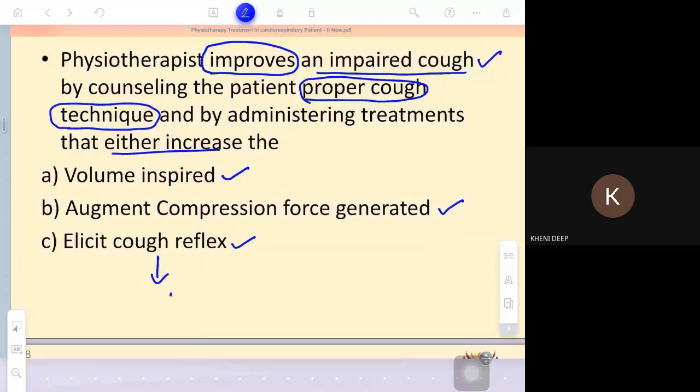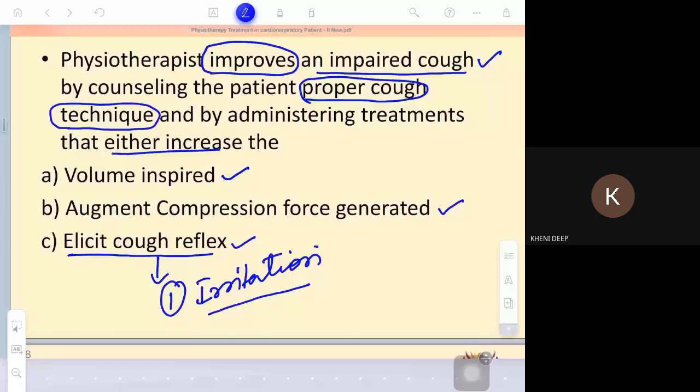This is the first one, that is irritation. Elicit cough reflex means irritation, stimulation. Clear? So these are the ways physiotherapists can improve the cough technique or improve the impaired cough.